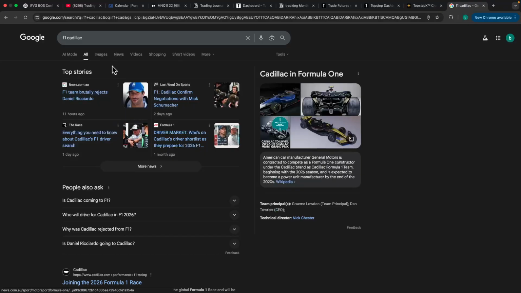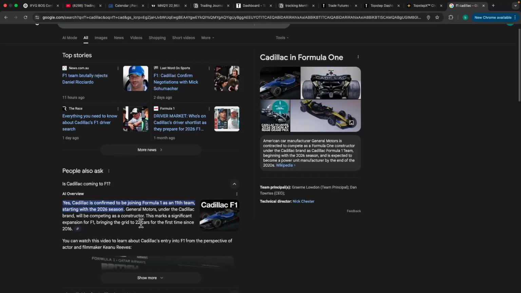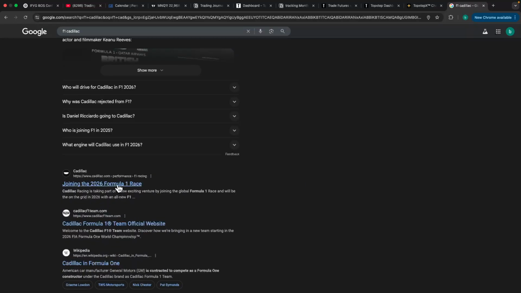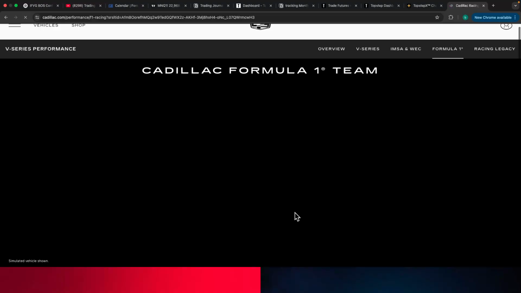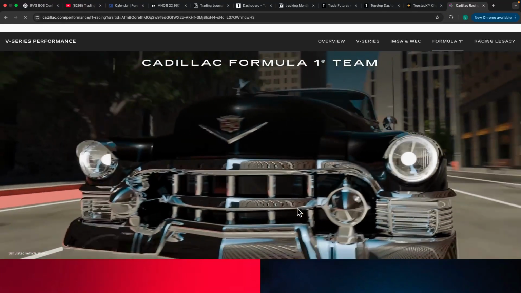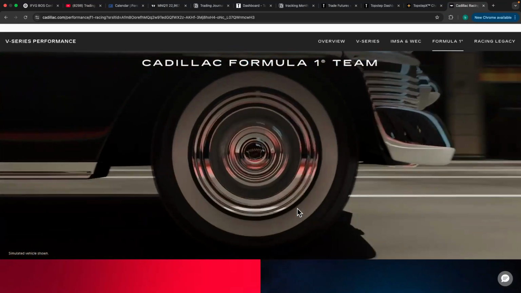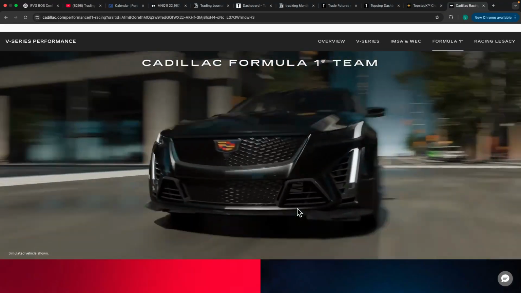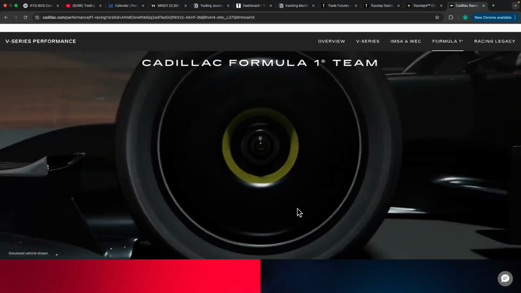Who even drives for these boys? Dude, that is not what the car looks like. Cadillac is currently to be joining Formula 1 as the eleventh team starting the 2026 season. Look at their car. Maybe this is hard, actually. Alright. What is this? You say Cadillac Formula 1 team. Let's see the Formula 1 car. Oh, yeah.